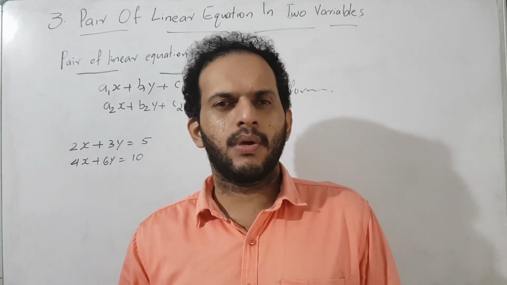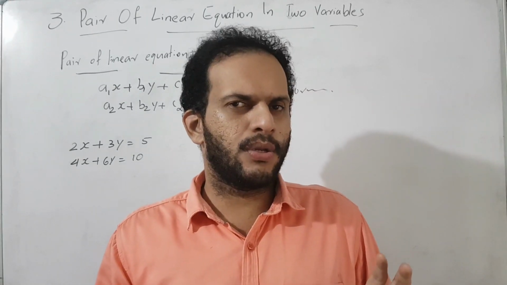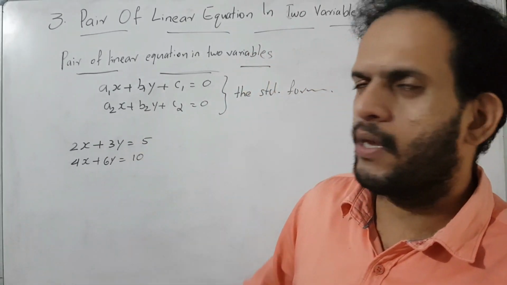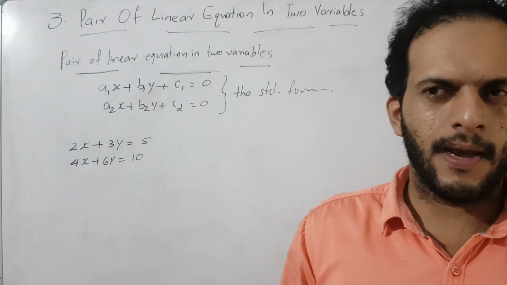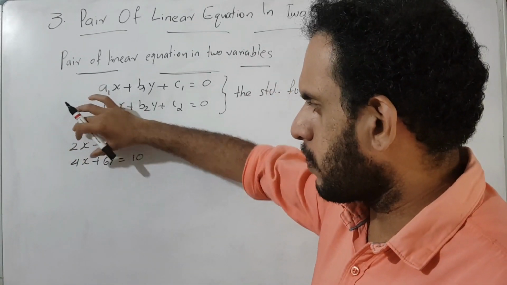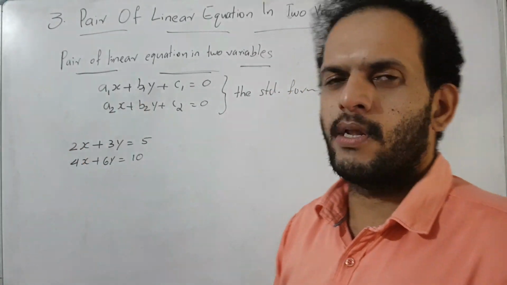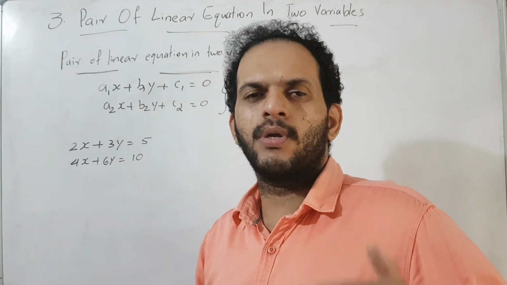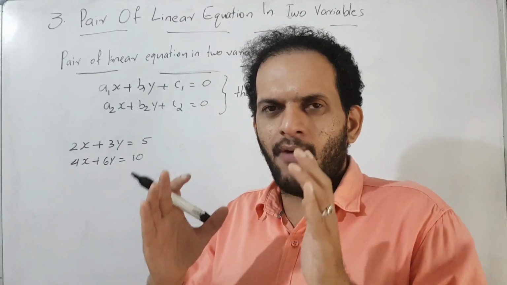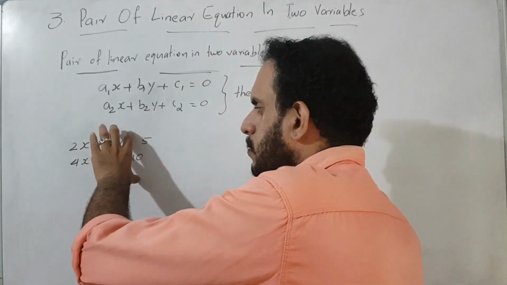Here we write two linear equations in two variables, correct? So this is a pair of linear equations in two variables. Okay, that is the only difference. Last year we learned it with only one equation. Here we are discussing two linear equations in two variables. Here we are discussing everything in the case of two equations.